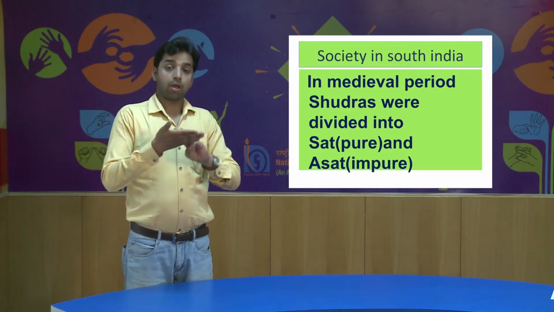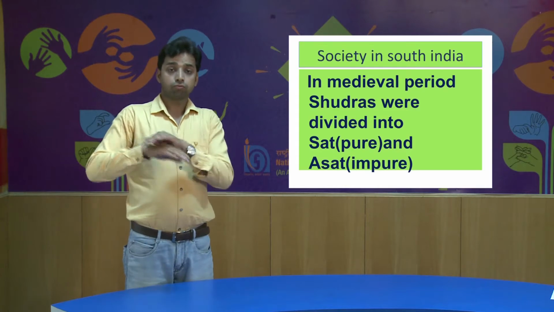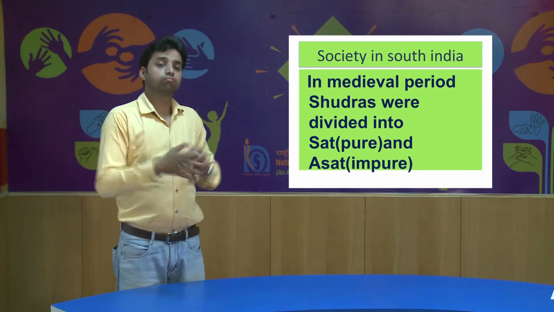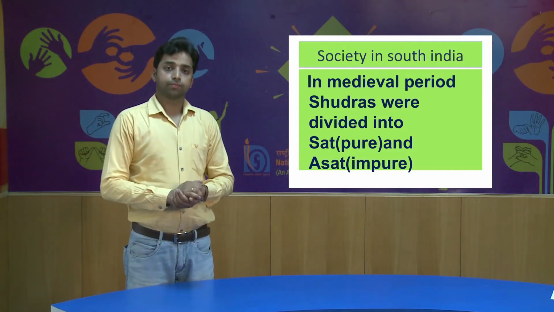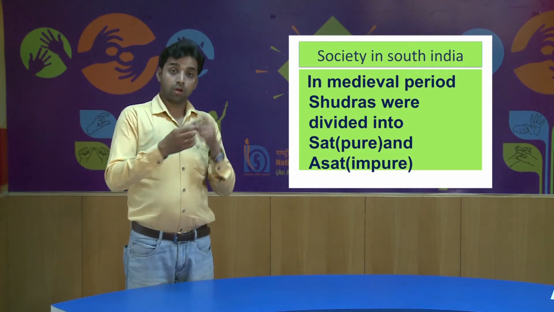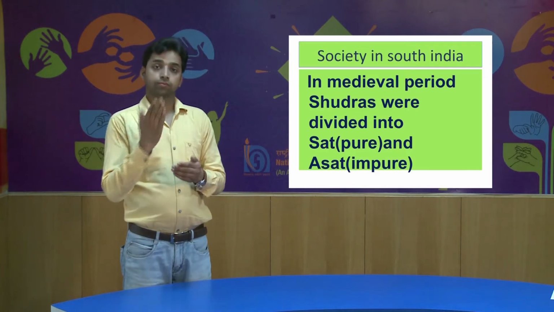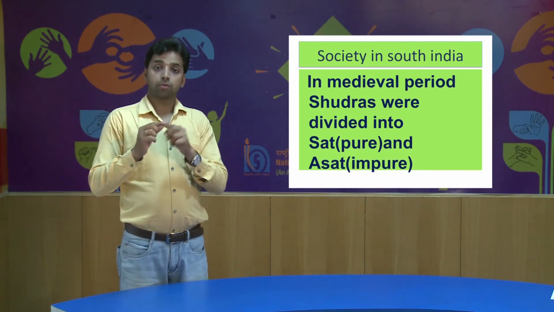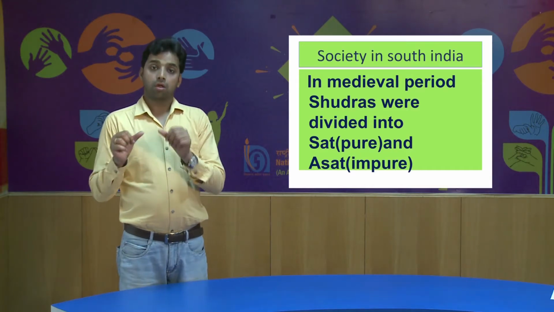During the medieval period, the Shudras in South India were divided into 2 categories: pure, that is Sat, and impure, that is Asat.